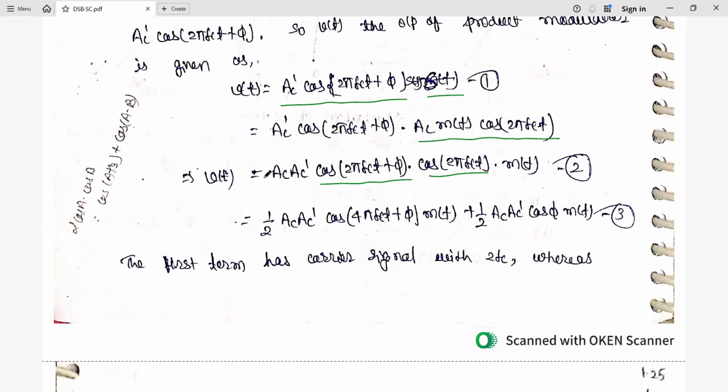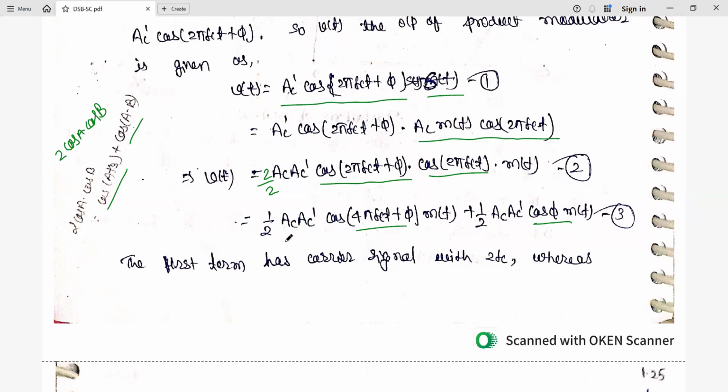Now we multiply and divide by 2 so that we can apply the formula 2 cos A cos B, which is cos(A+B) plus cos(A-B). A plus B gives 4 pi f_c t plus phi, and in A minus B the 2 pi f_c t gets cancelled, so we get only phi components here.